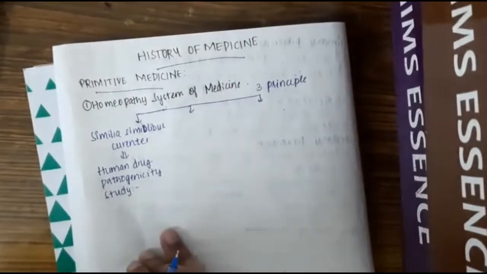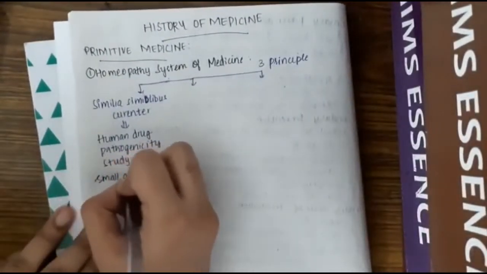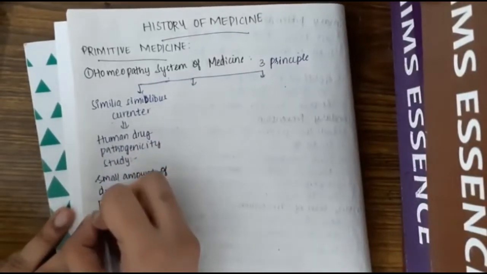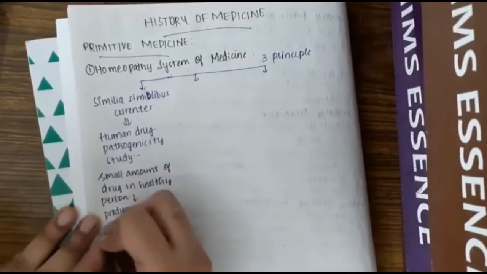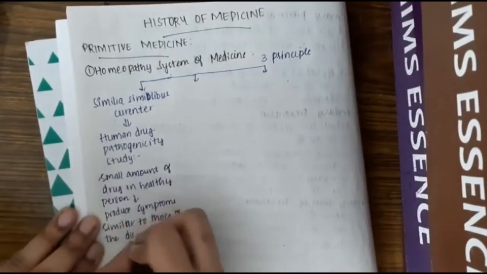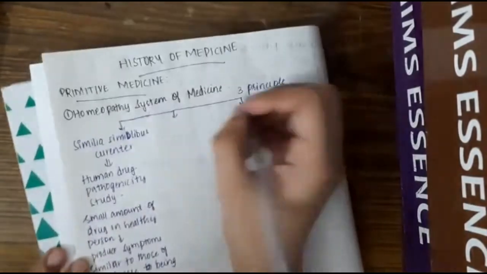So with the help of the drug, we can produce symptoms similar to those of the disease being treated. That is similia similibus curantur, which is drug pathogenesis study.